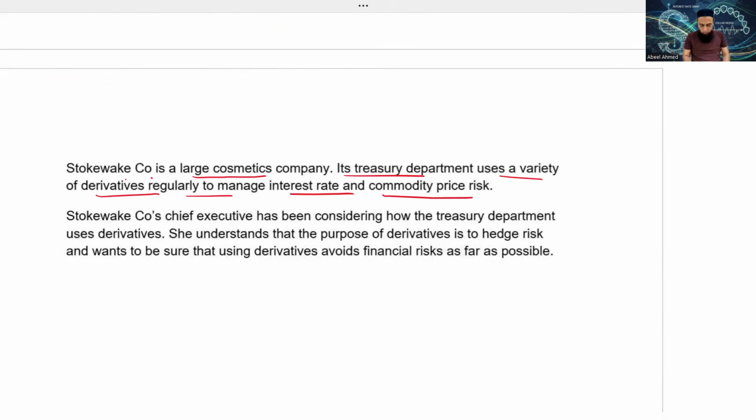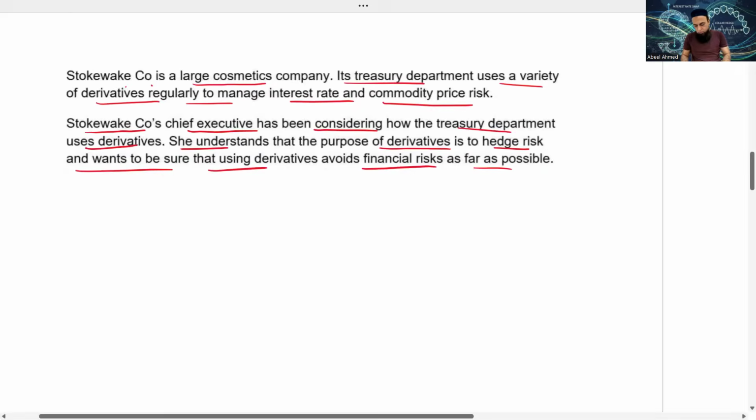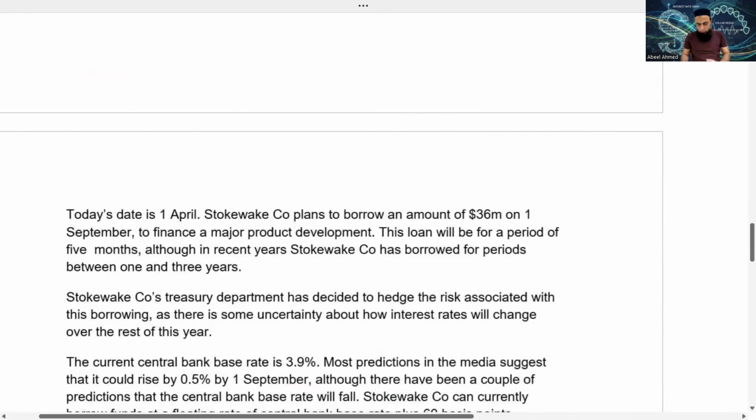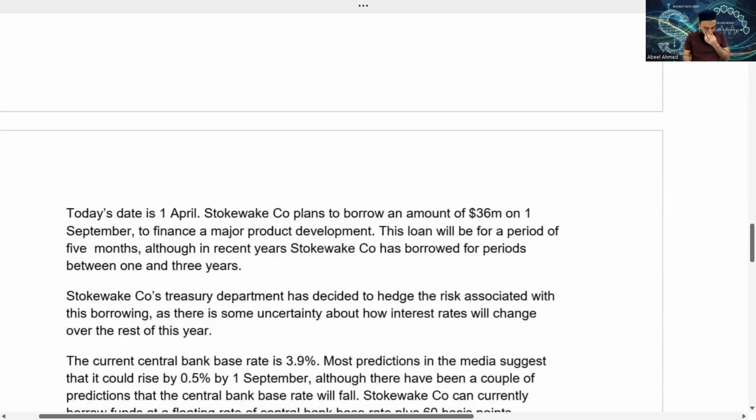Stoke-Wake Company's chief executive has been considering how the treasury department uses derivatives. She understands that the purpose of derivatives is to hedge risk and wants to be sure that using derivatives avoids financial risk as far as possible. Of course, we'll try our best to minimize the risk from hedging.